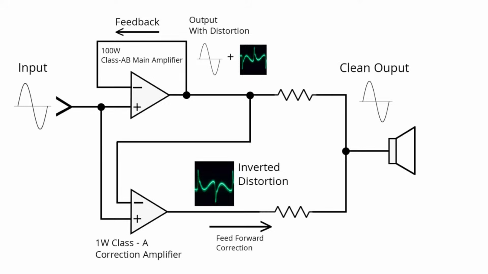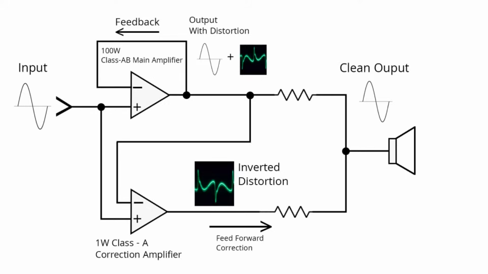A feedback loop can cause an amplifier to oscillate if you don't roll off the feedback at high frequencies. So the feedback is actually rolled off at a lower frequency on the AHB2 than you might roll it off in a conventional design, because we're intentionally allowing the feed-forward error correction to take over at high frequencies. So you see the output. There's a sinusoidal output plus a distortion component.